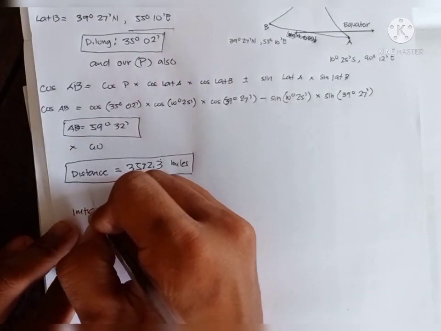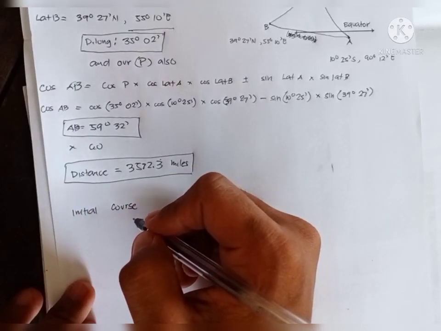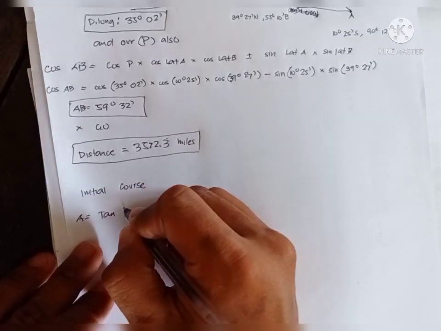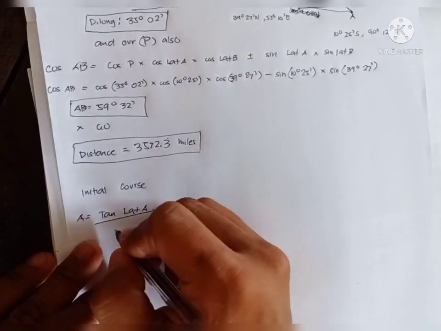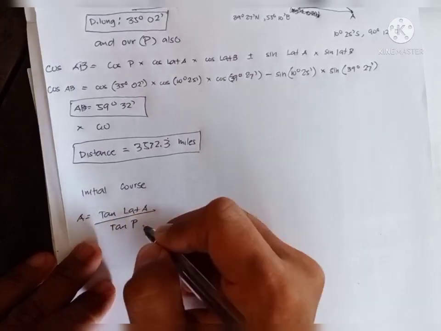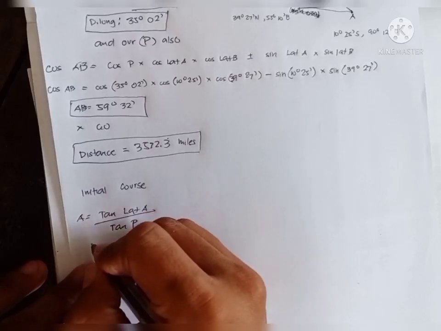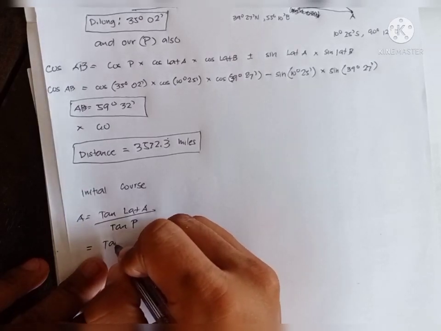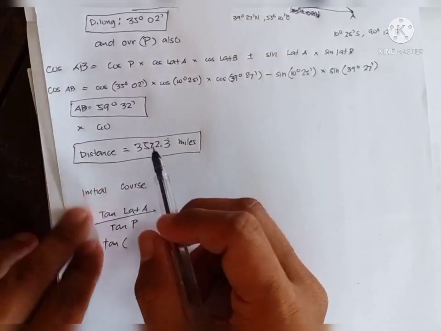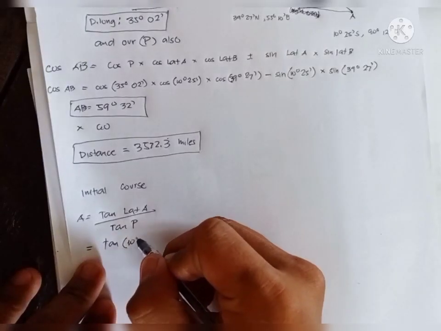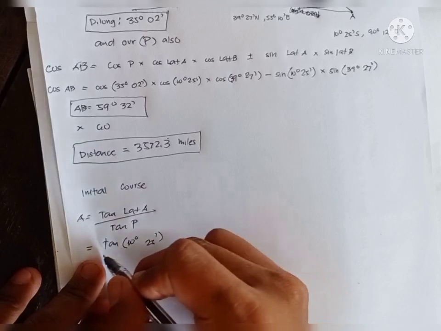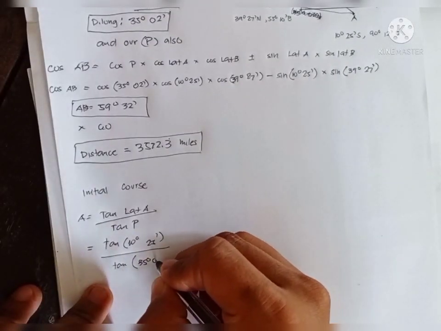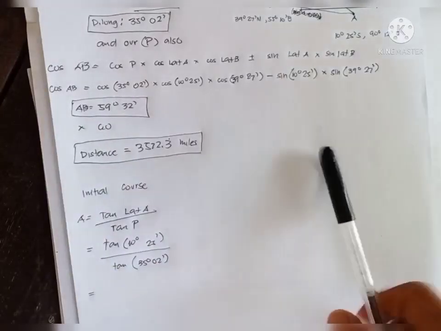So we put initial course here, and with the formula A equals tan lat A over tan P. Substitute: our lat A is 10 degrees 25 minutes over tan P, which is equal to 35 degrees 02 minutes. So get our calculator.